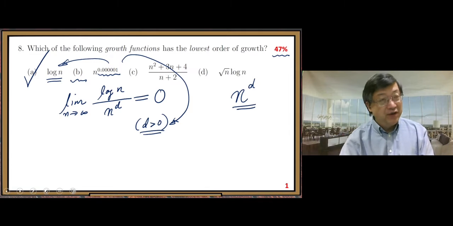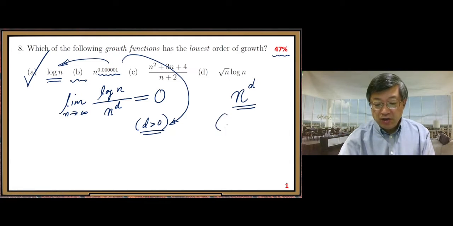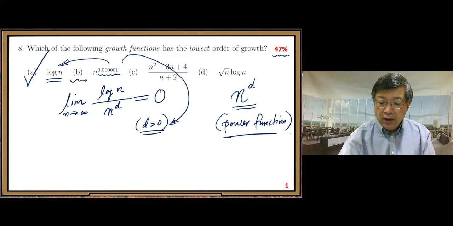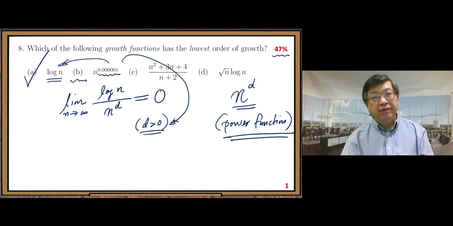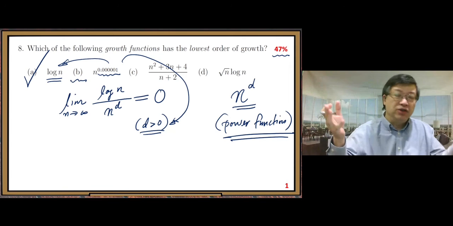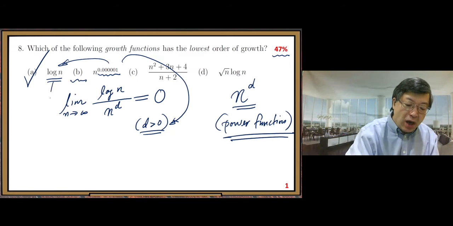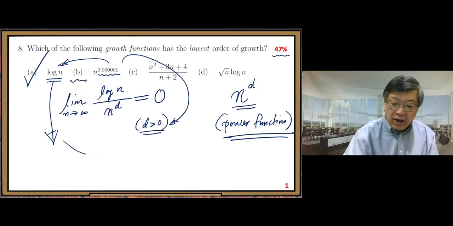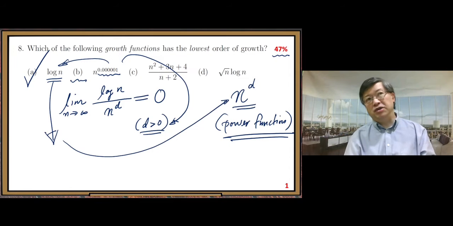Do not get confused. If they see a power function, they feel comfortable. They know which power function is larger and which is smaller. But when they see the log function, they cannot easily connect it with any power function.